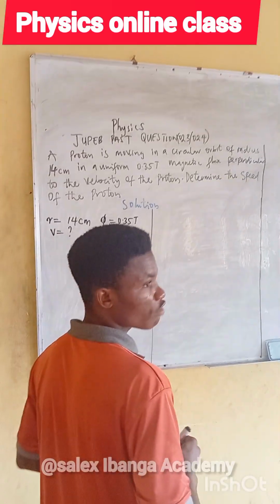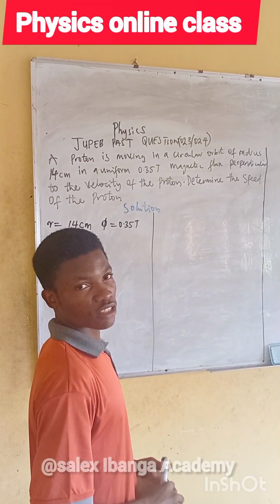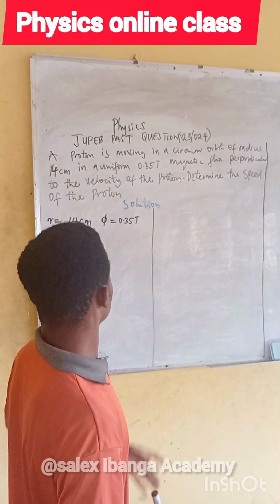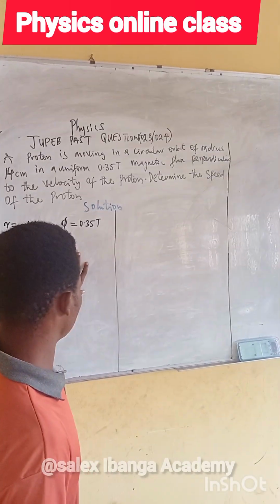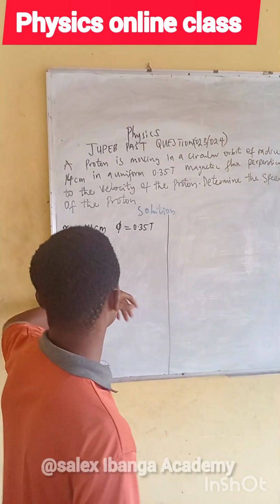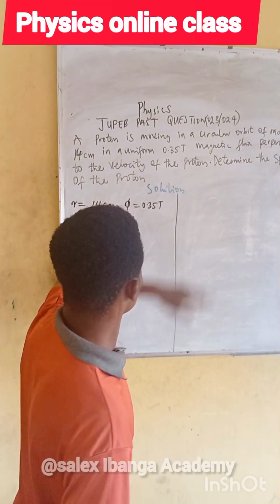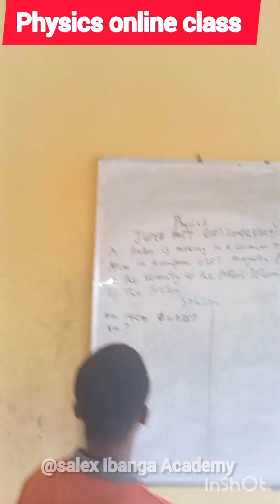Velocity is simply defined as distance over time. The flux is the product of the field and its area. The radius is given as distance. Now let's look at it.